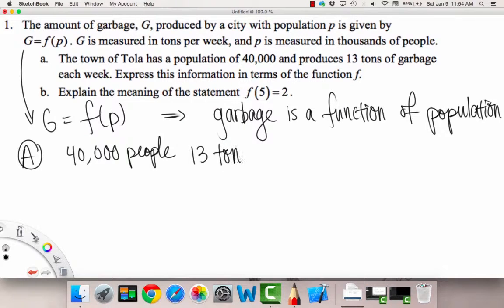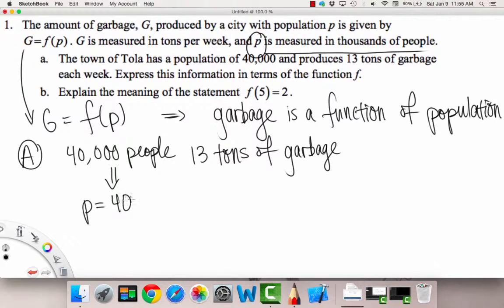Let's see how we're going to express this in terms of our variables. P is population, right? And P is measured in thousands of people. So how would we represent 40,000 people? That would be P is equal to 40, okay? Because this means 40,000 people in reference to the variable P.